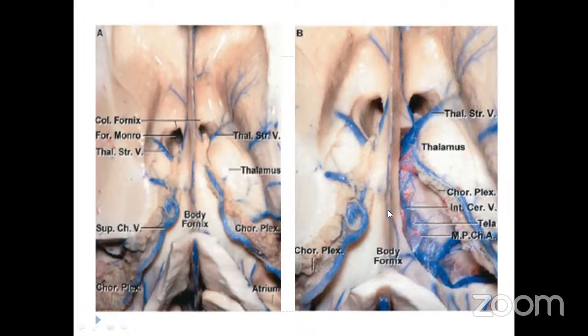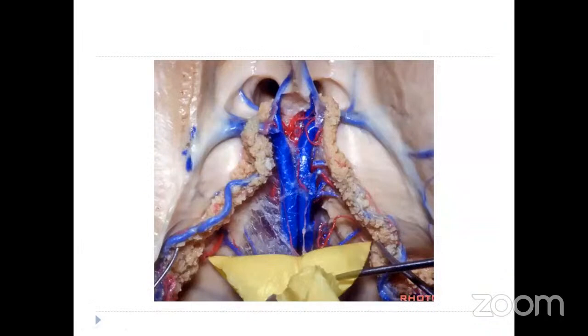Also in this diagram, we can see the choroid plexus as well. This is another diagram showing the choroid plexus, internal cerebral vein in a better view, and medial posterior choroidal arteries.